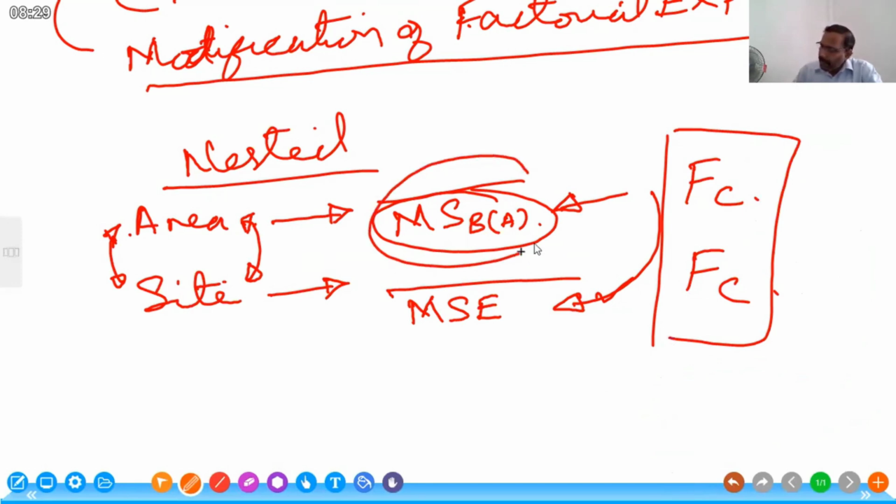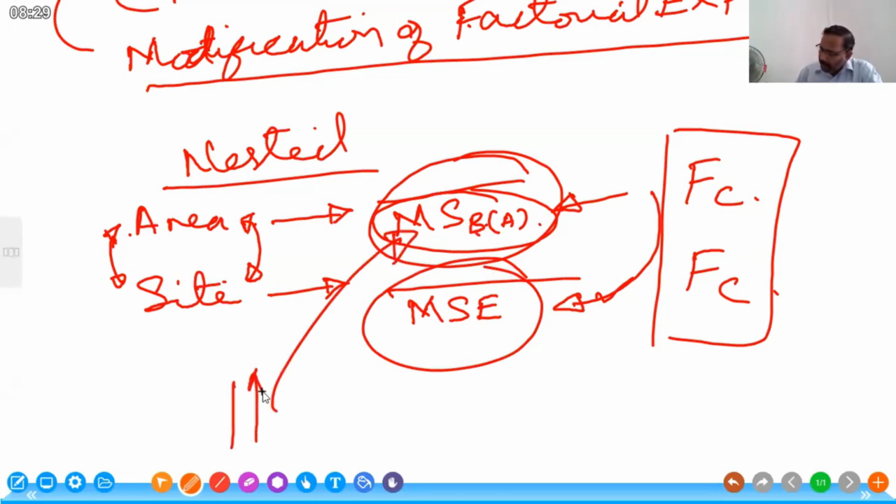Here the F value is slightly different from this, because the denominator factor is very, very large. The reason is the variability in the numerator is also very large. So very large variability is divided by a very large denominator. So that is the concept.